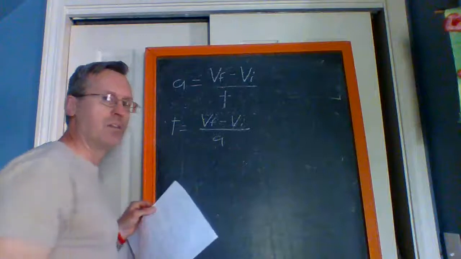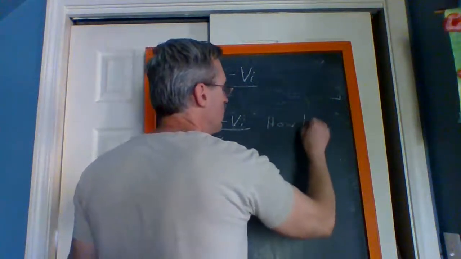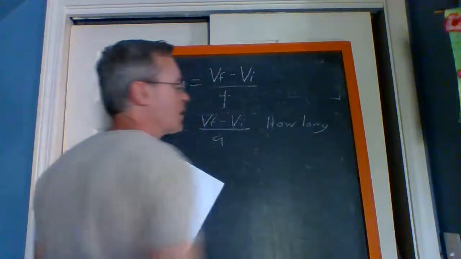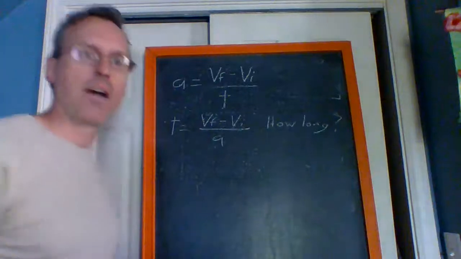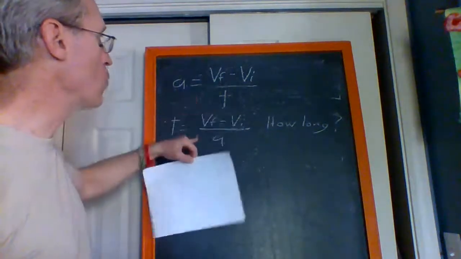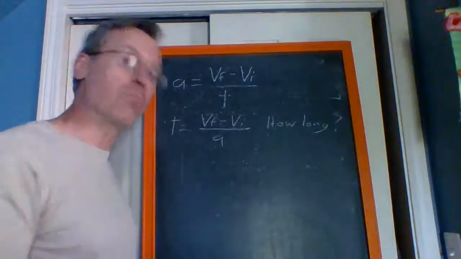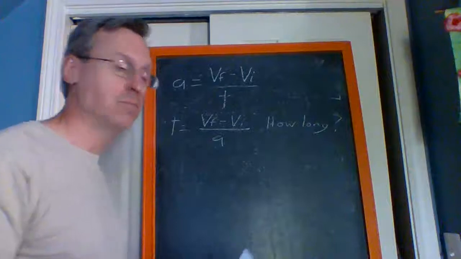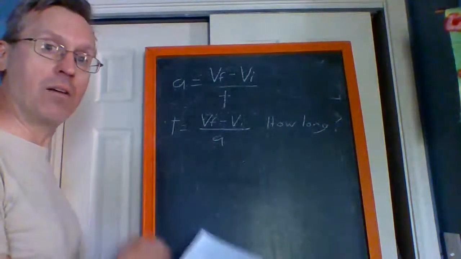Use this if you get a problem that asks for how long, how long in terms of time. So you would use this version. Write this down and write how long in your notes, because I'm going to give you guys some word problems. They're not going to be hard. You can do them, and I'm showing you how right now, so just keep up with me.